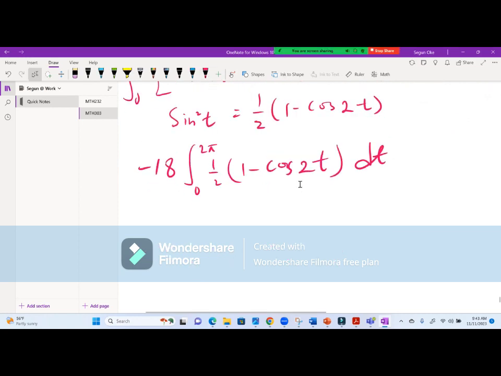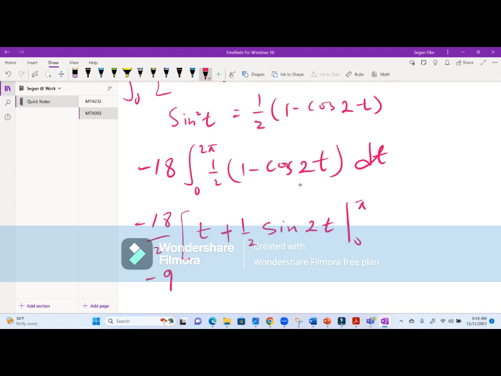So what do we have? When you integrate this one, I can take 1 over 2 out. If I take 1 over 2, I'll have minus 18 over 2. Then let's integrate: if you integrate 1, you have t. If you integrate minus cos 2t, you have minus, and minus times minus will be plus, 1 over 2 sine 2t, from 0 to pi.